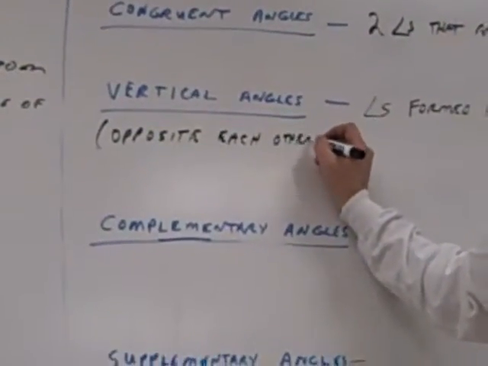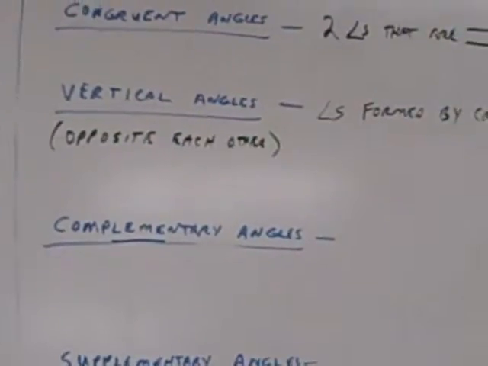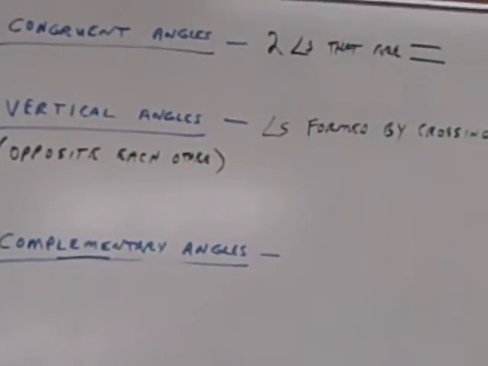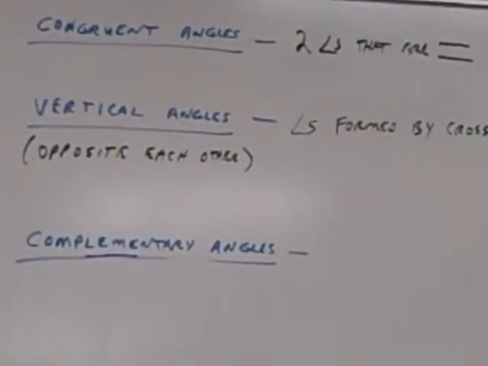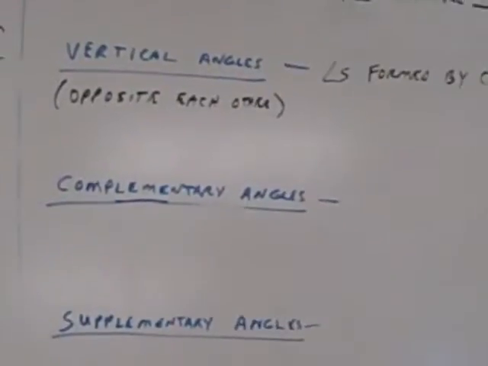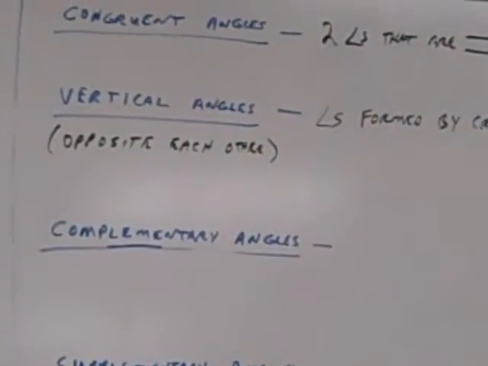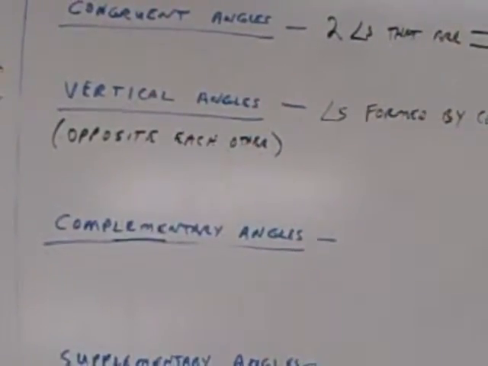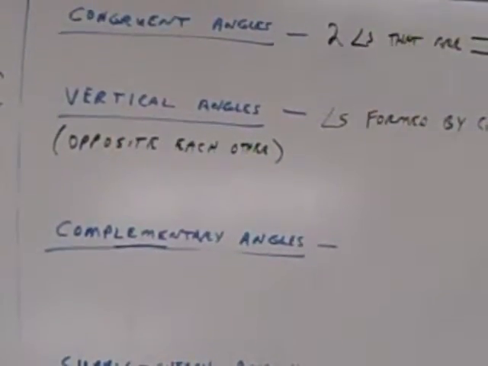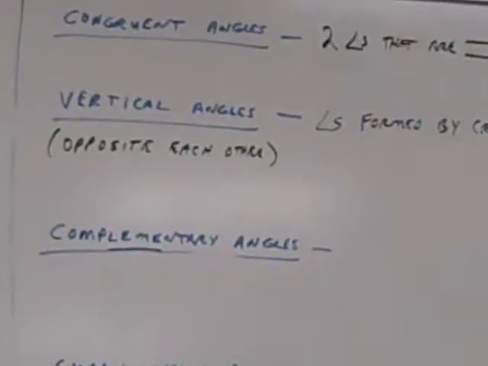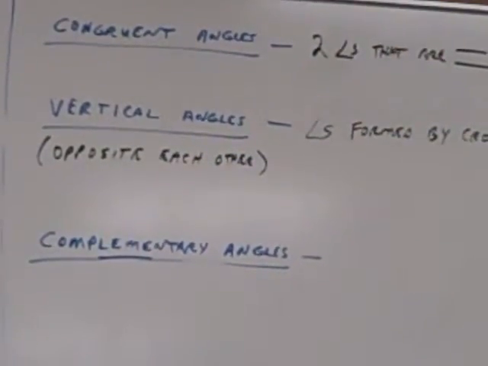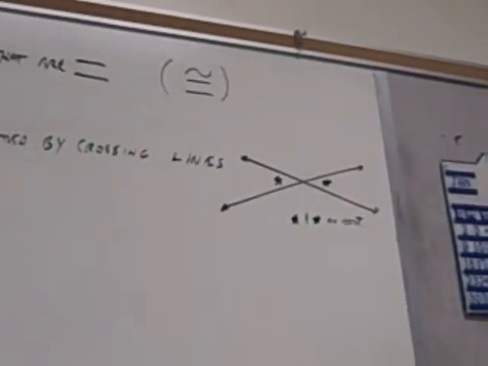Fancy word for they're opposite each other. Vertical means they're opposite each other. So those two are vertical. Star and star are vert.